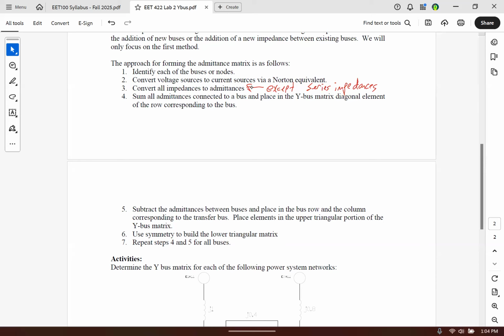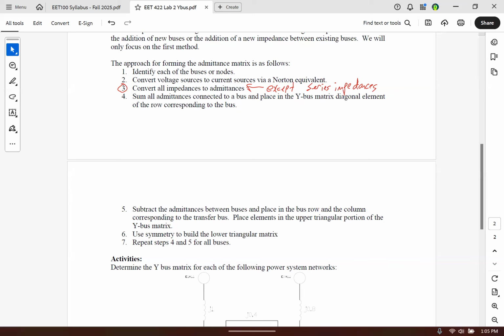No, our very first step is to put them in series, add them together, and invert that. So make sure when you look at item number 3, you think in the back of your mind about how I need to do that. And we'll talk about a sneaky way of doing that step in a minute.